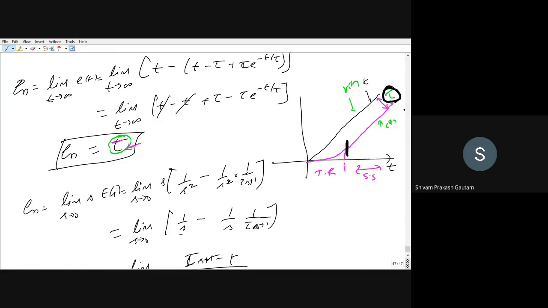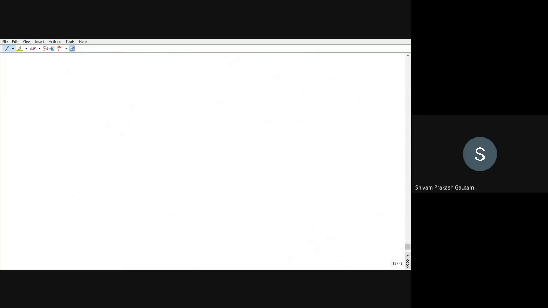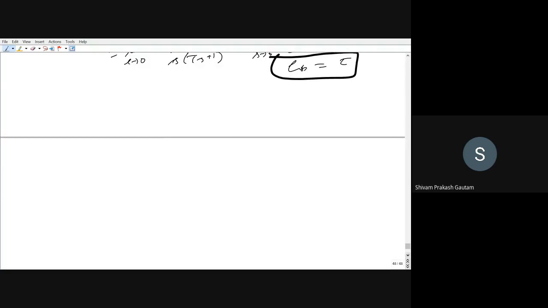Now we will see the last case, that is the fourth case. Now r(t) in this case is t square by 2. So R(s) will be equal to 1 upon s cube.